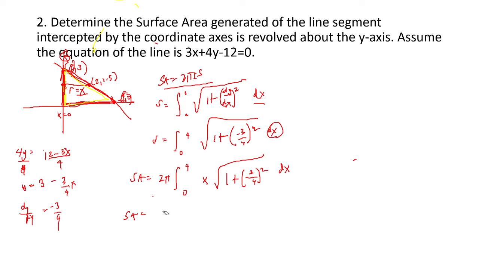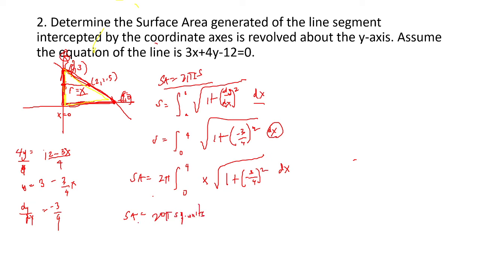So that's 2 pi, integral of 0 to 4, x times square root of 1 plus negative 3/4 squared. Our answer should be 20 pi. Yes. Still 20 pi.